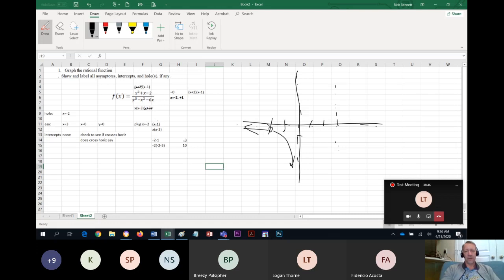At +1, y is 0, so it's going to cross right here. So now I've got an asymptote here. Well, I just need to figure out what's going on here. I'm going to draw a huge circle here. What's going on? Luckily that didn't actually draw, but this area here, hopefully you can see this thing.